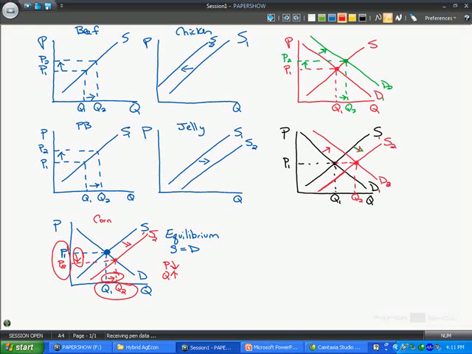However, if I draw my line back to the price, it kind of looks like price stays the same. Ugh, that's a little scary, isn't it? Is that really what's going to happen? Is price really going to stay the same? Probably not. So what I'm going to do is show a different increase in demand.